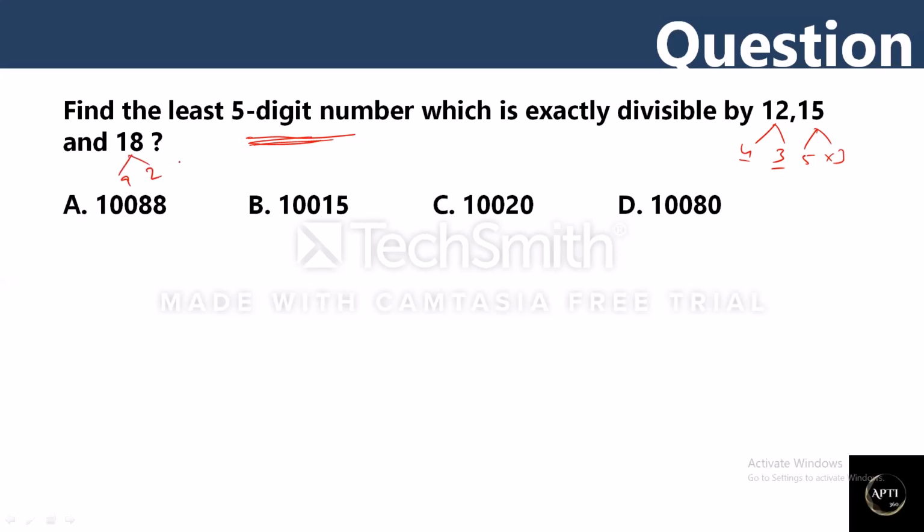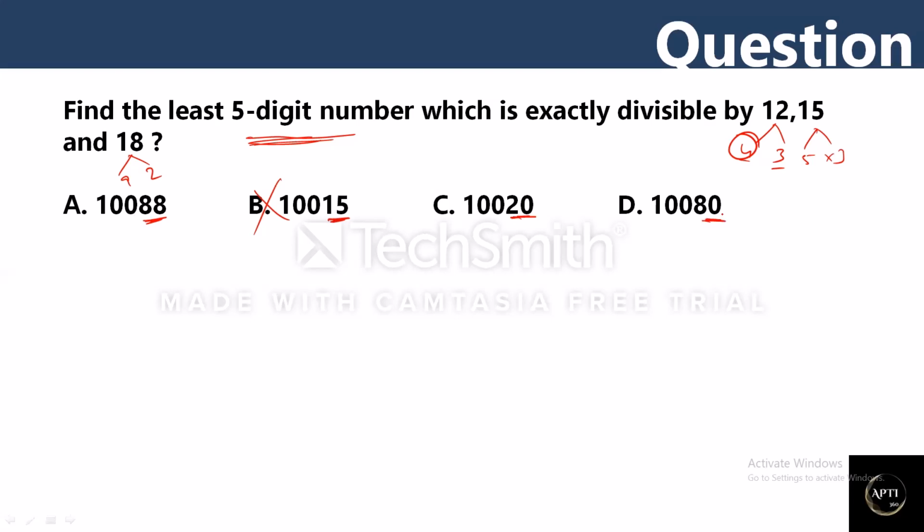You can start with whichever value you want. If you know that it should be divisible by 4, I can eliminate option B because its last two numbers are not divisible by 4. So option B is immediately eliminated. Among the remaining values, the last two digits 88 are divisible by 4, 20 is divisible by 4, 80 is divisible by 4.